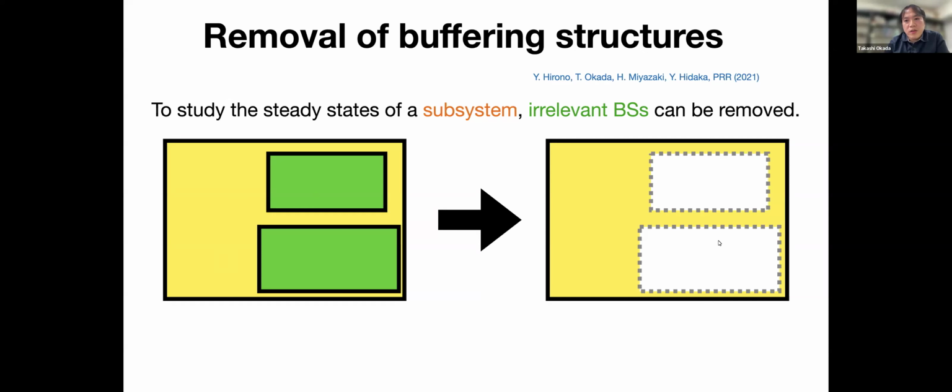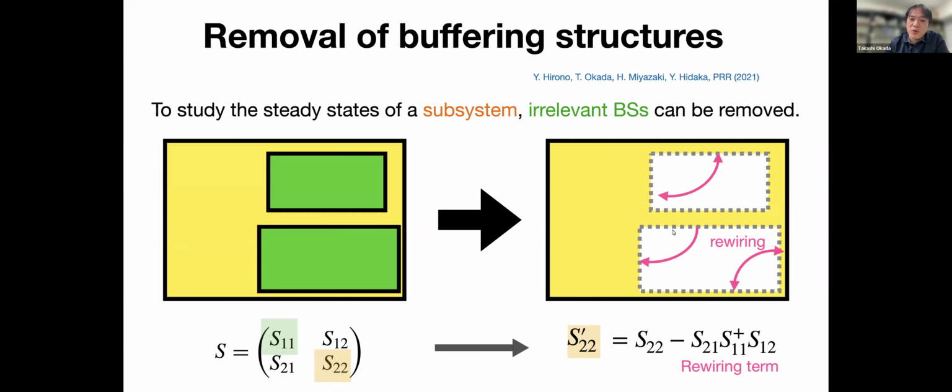And in fact, this expectation is almost correct. But there is a subtlety. If you simply remove the green parts, then the resulting system cannot reproduce the original steady states.